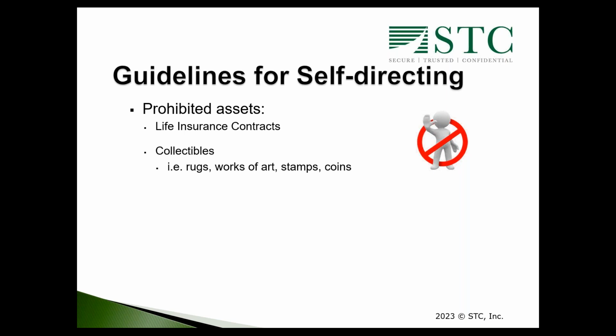So art, works of art, stamp collections, coin collections, rugs. Now, this does not include precious metals. Precious metals have been defined, what can be owned in a retirement account, and I can discuss that if someone has a question about that. But we're talking about collections, rare coin collection, that kind of thing. Those kind of collectibles are not permitted in a retirement account.